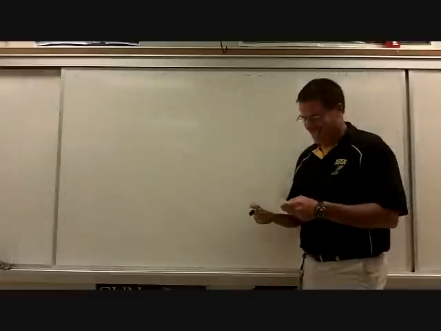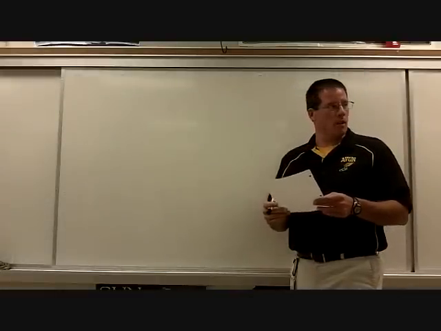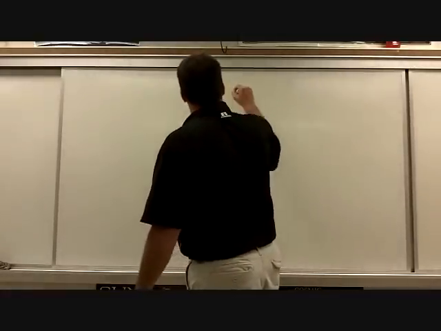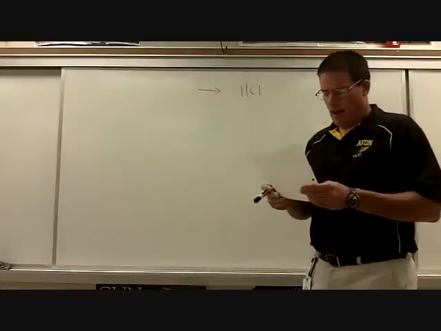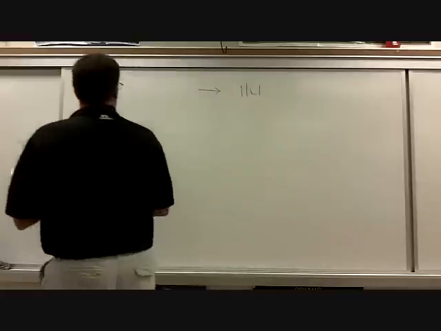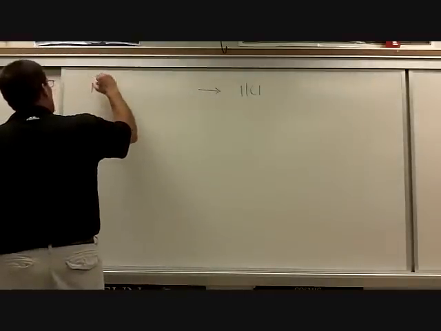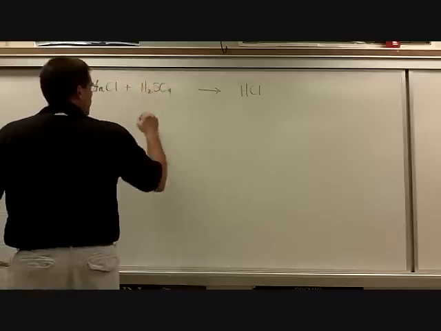Number 3. HCl can be prepared. So what side of the equation should that be on? The right side. Yeah, if it's prepared, we're going to put it over here. It is prepared by reacting sodium chloride with sulfuric acid.